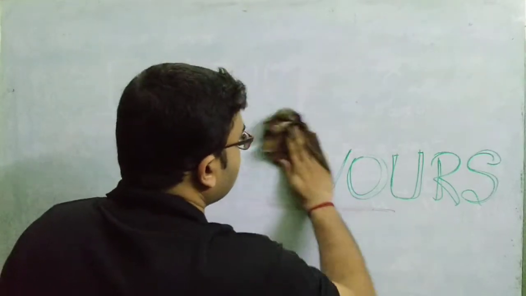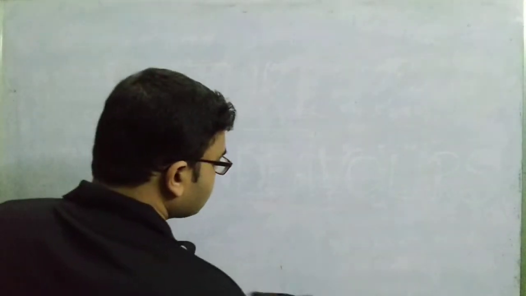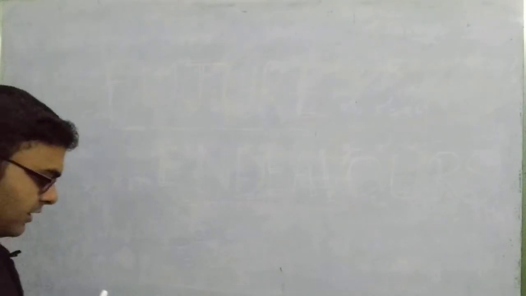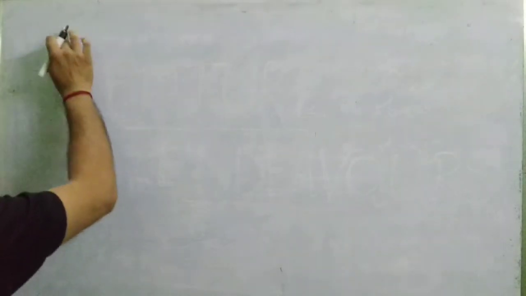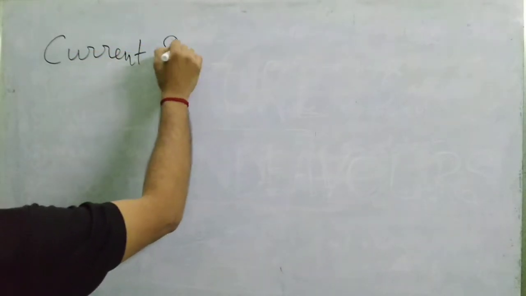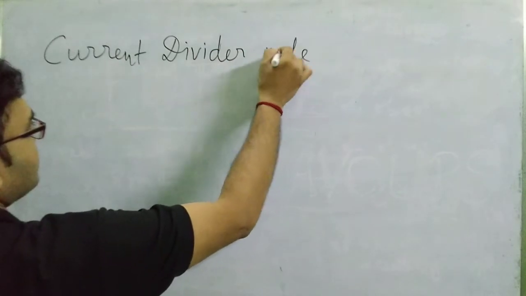This is quite a useful theorem which you can apply to solve problems very easily. So, what is actually the current divider rule?